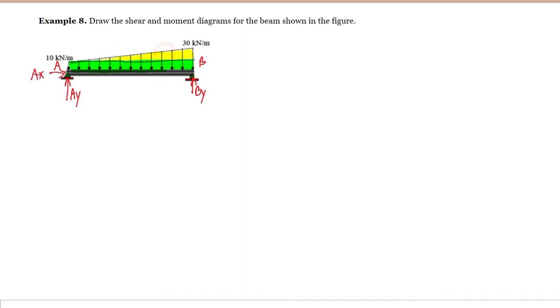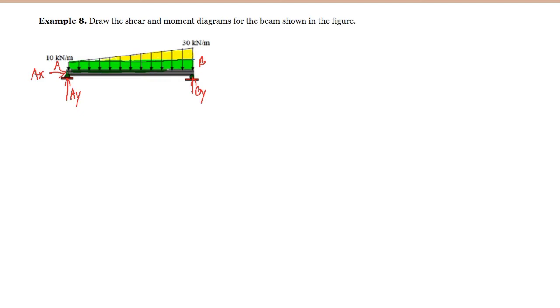The first is dividing it into a rectangle and triangle, the other is dividing it into two triangles, and of course, the last one uses the trapezoid itself, wherein we apply Varignon's theorem.